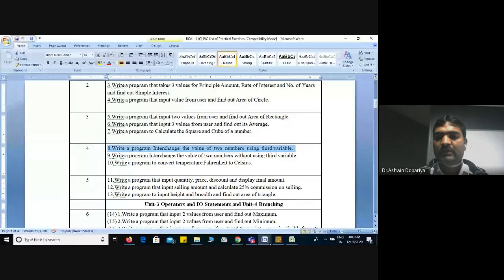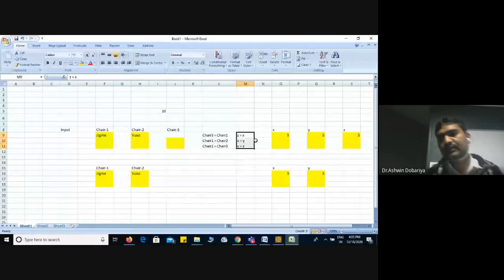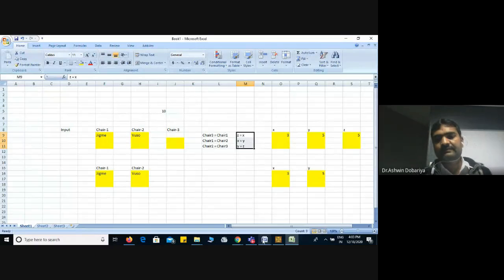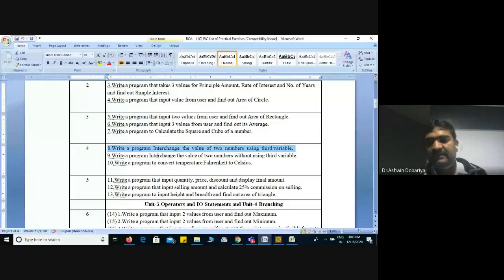So now the logic is this. Now can you write the program and algorithm of this program? Can you try yourself? Time is almost over. I will take just 1 minute. But see, this is the hint for our upcoming program: how you can interchange the values of two numbers using a third variable.